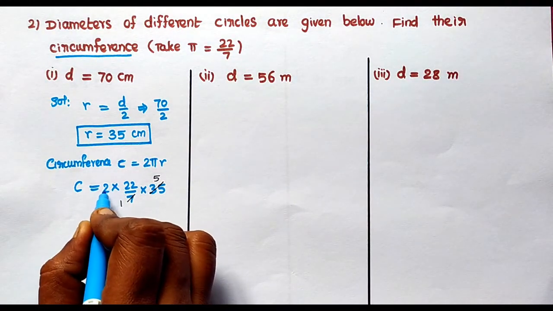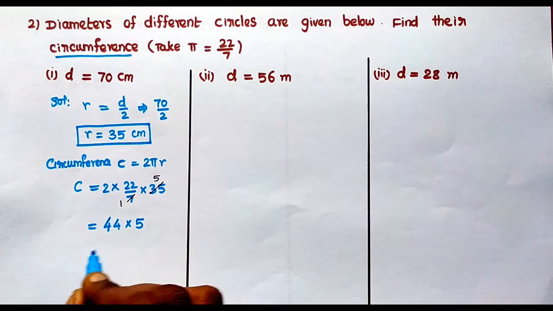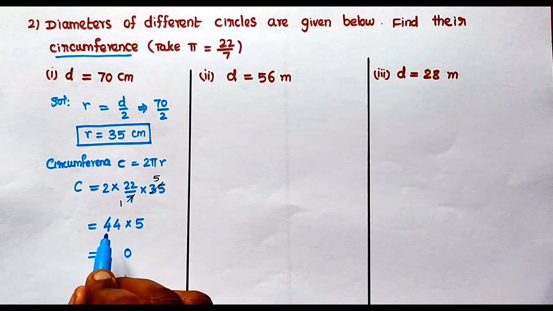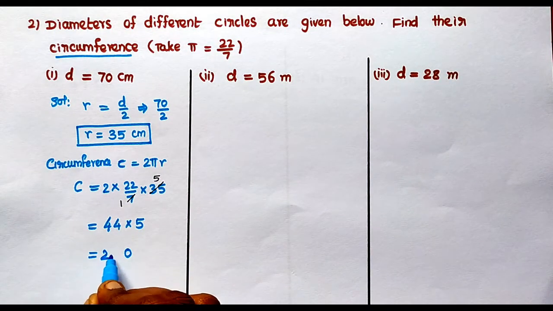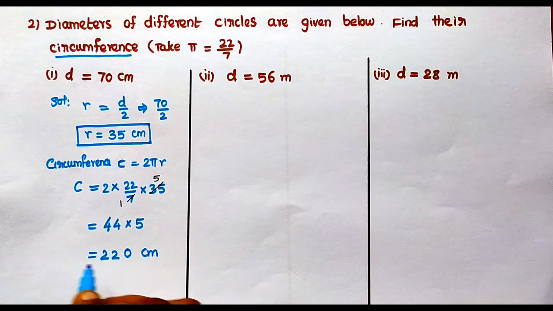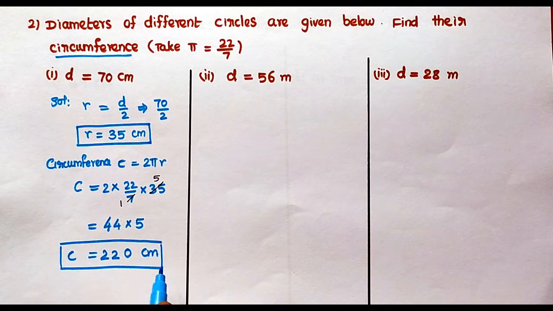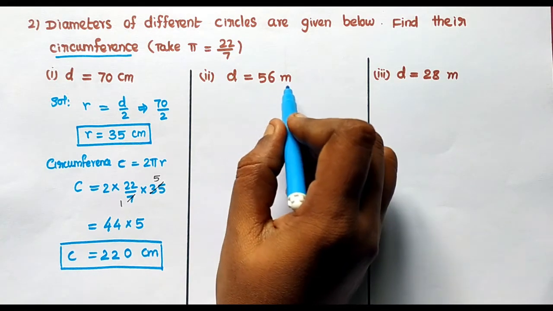So the remaining number is 2 into 22, 44, into 5. 4 5s are 20, balance 2. 4 5s are 20 plus 2, 22. So 220 centimeter, that is the circumference.